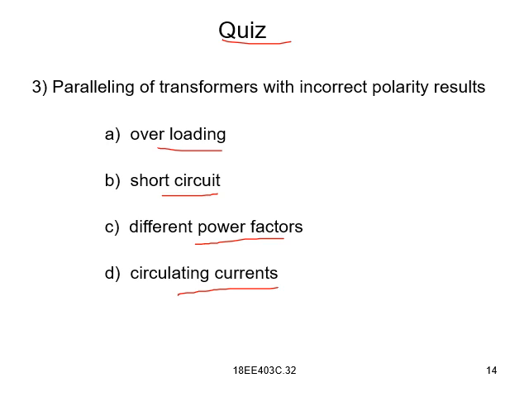Actually, it is not a condition to be paralleled, but if so, what happens? It becomes overly loaded, or becomes short circuited, or operates with different power factors, or produces circulating currents.